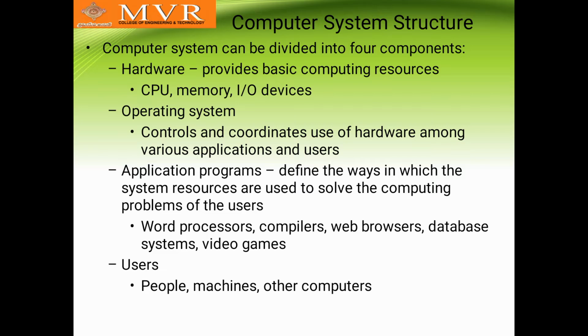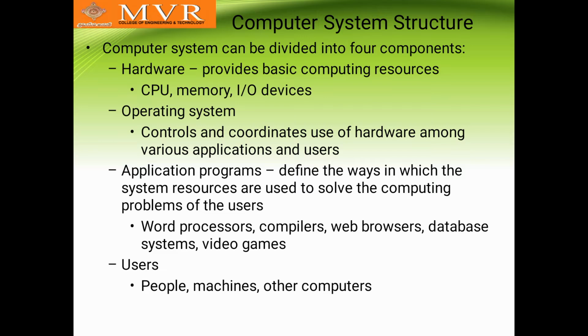Application programs use the resources to solve the computing problems of the user, such as word processors, compilers, web browsers, database systems, and video games. The fourth one is users, who can be people, machines, and other computers.